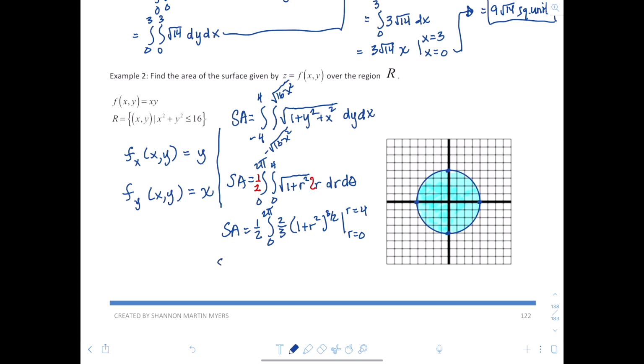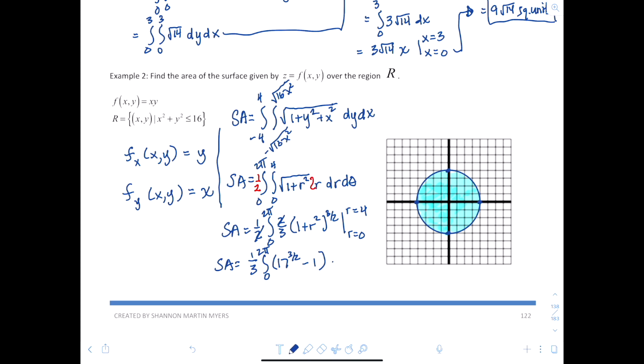So my surface area will be, the 2's divide out, so I'll get a 1/3 integral 0 to 2 pi. And then plugging in my 4, that would be 17 to the 3/2. And then when I plug in 0, I'll just get 1 to the 3/2, which is 1.